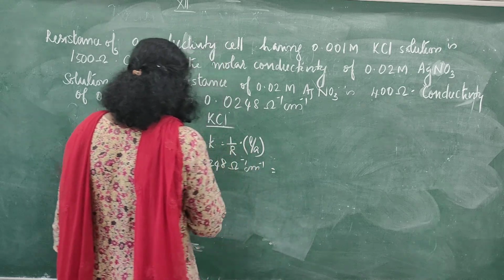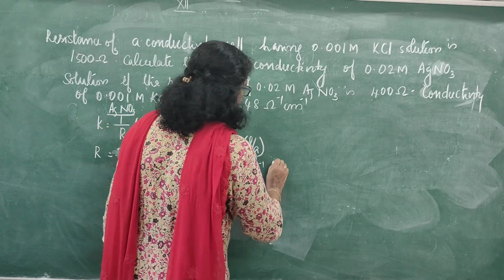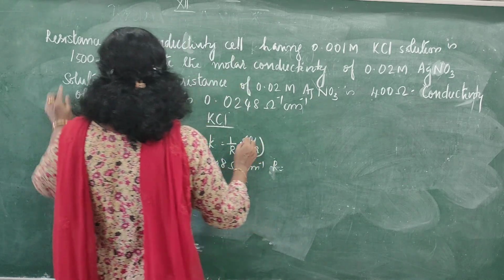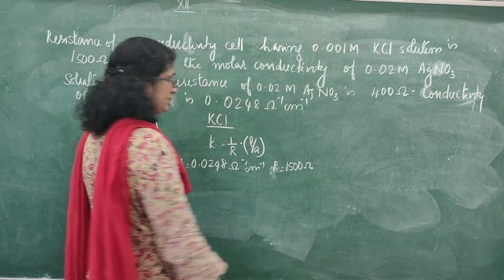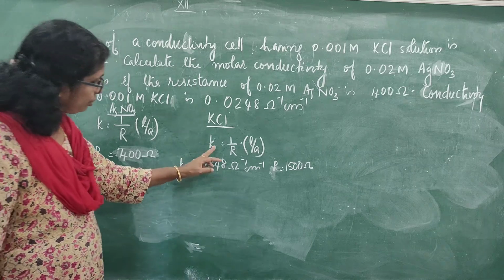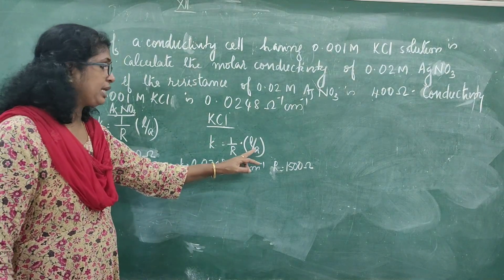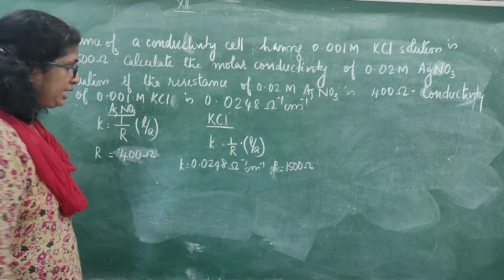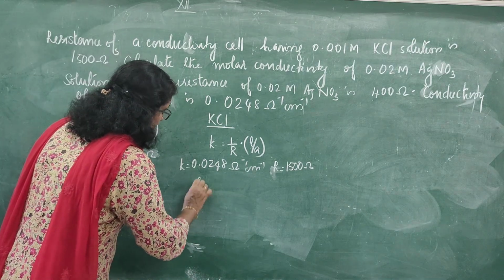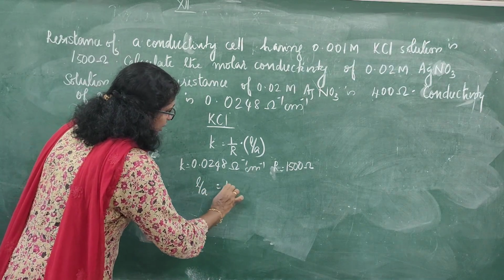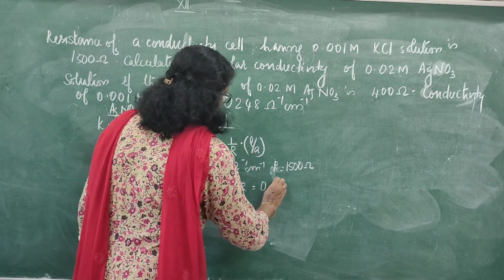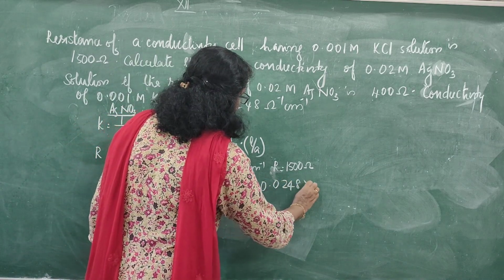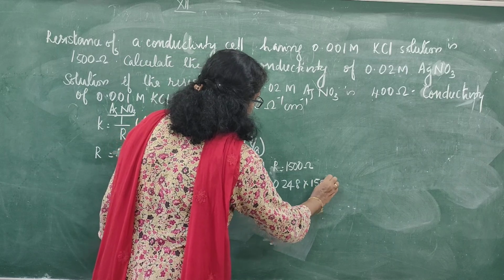Resistance is given, R is equal to 1500 ohm. So you know the conductivity and resistance, and you can calculate the cell constant L by A. Cell constant L by A is equal to K into R, that is equal to 0.0248 into 1500.